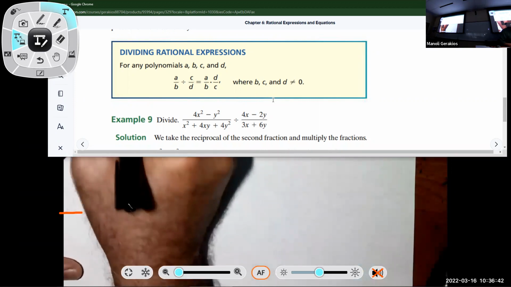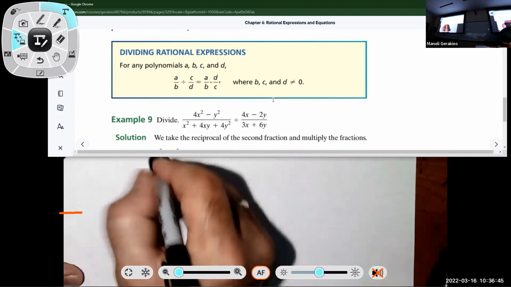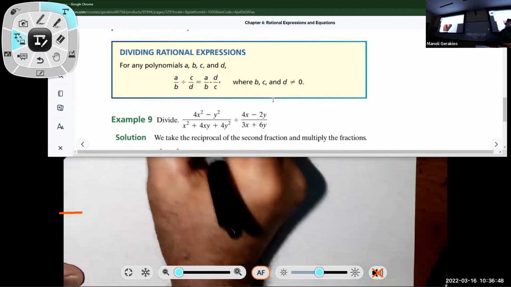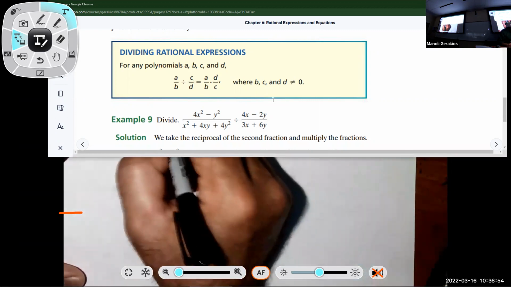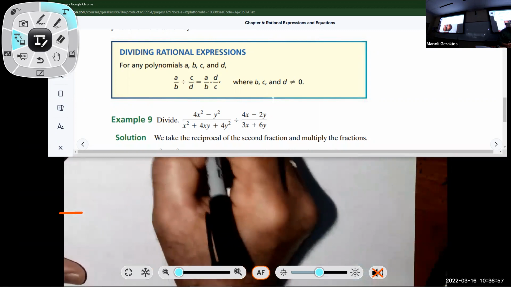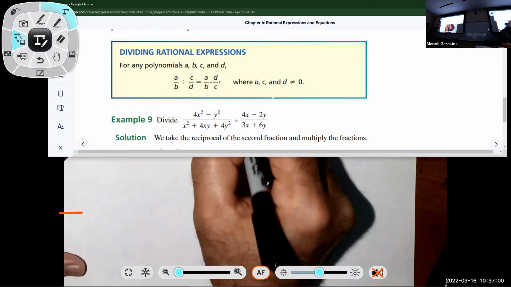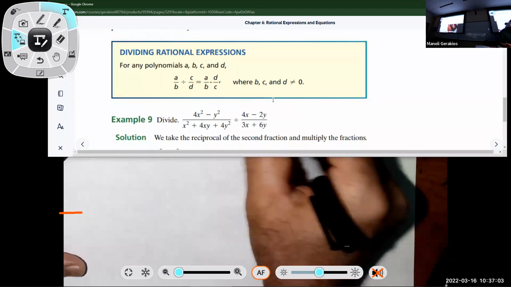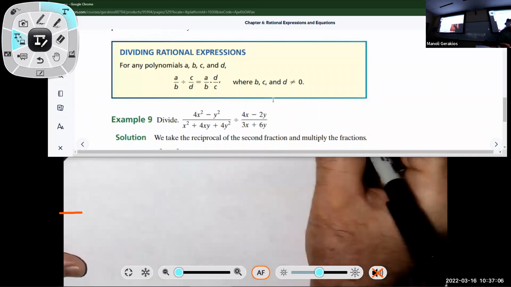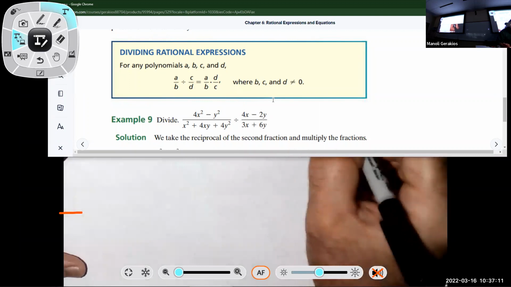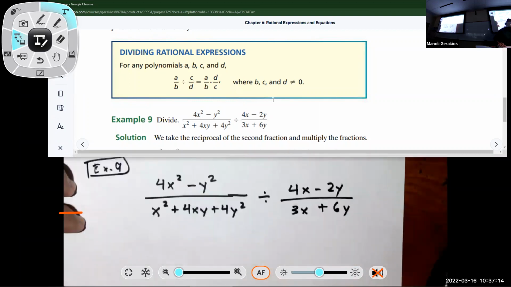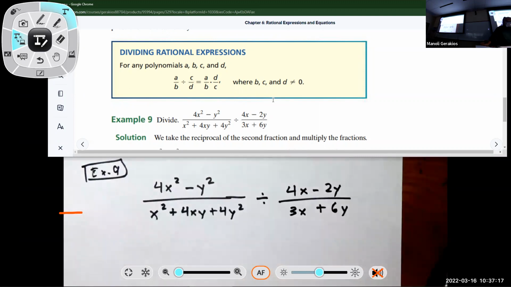Here's example 9: 4x squared minus y squared over x squared plus 4xy plus 4y squared, divided by 4x minus 2y over 3x plus 6y. Okay, make sure I wrote it correctly.